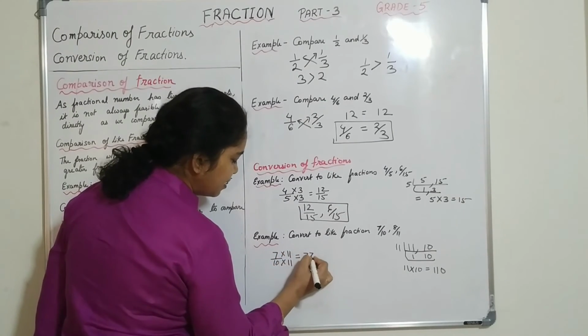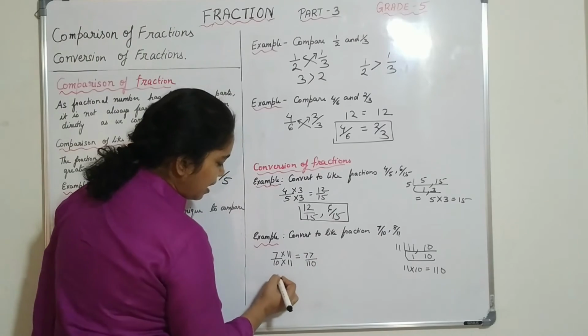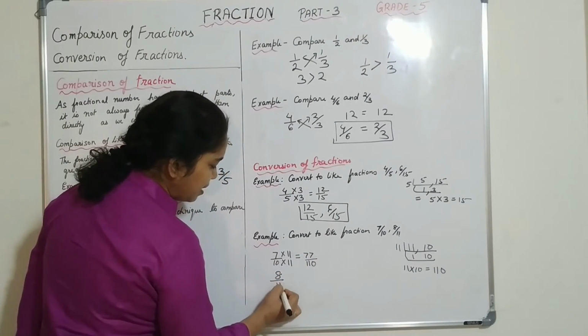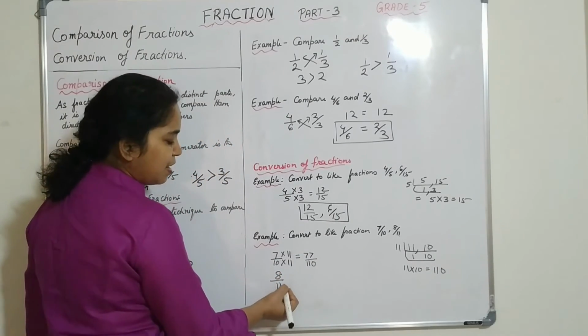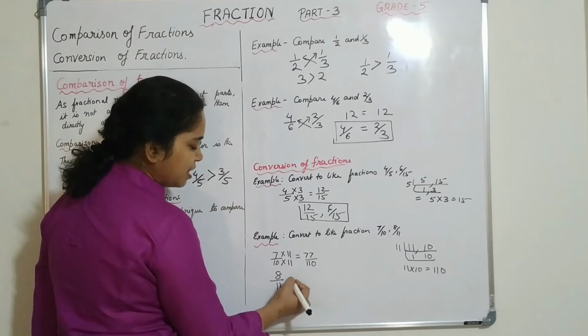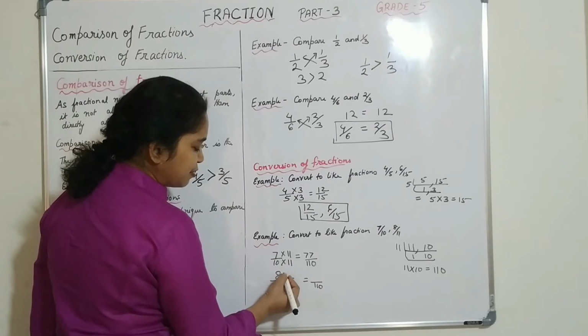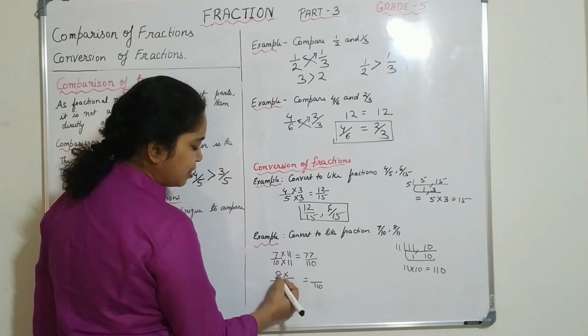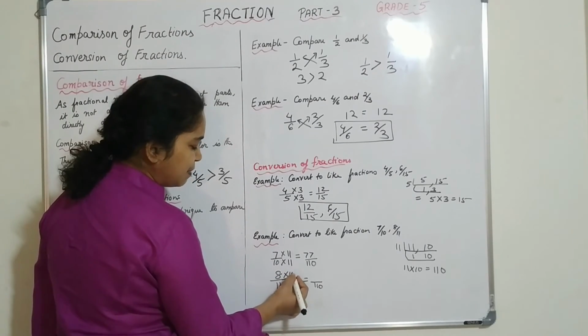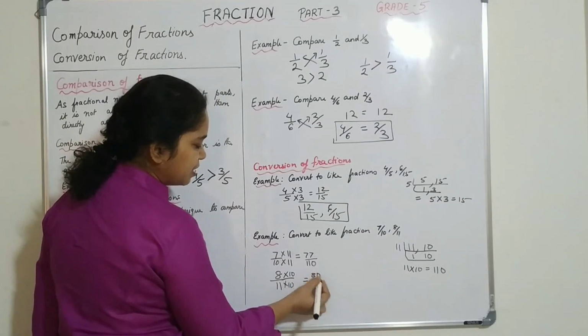So 7 by 10, multiplying by 11, is equal to 77 by 110. And the second number is 8 by 11. You have to multiply by 10 to make it 110. In the numerator also it should be multiplied by 10. So it is 80.